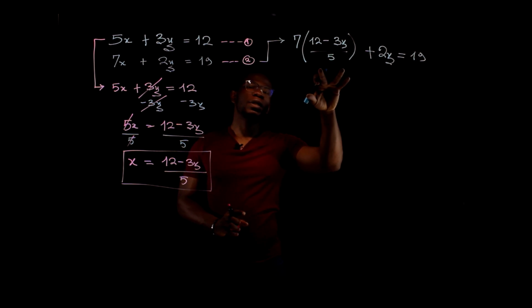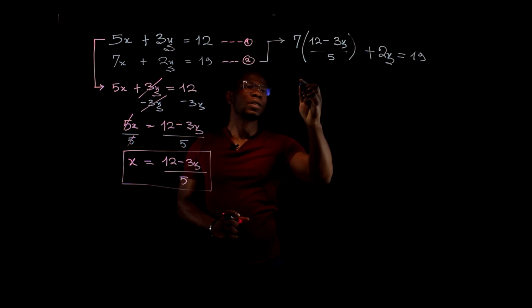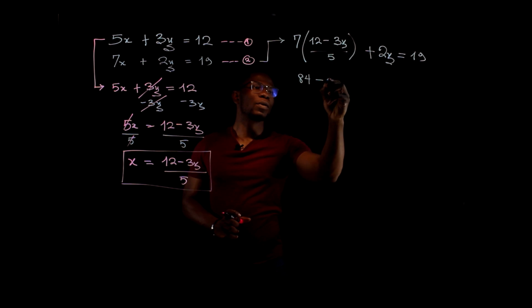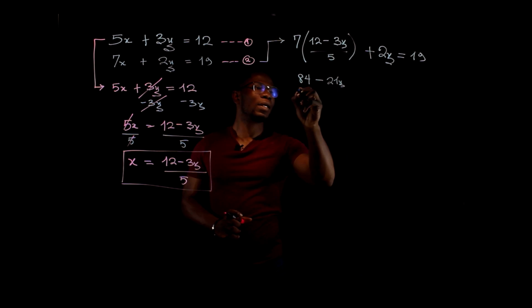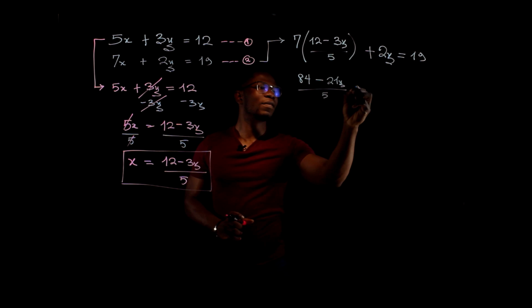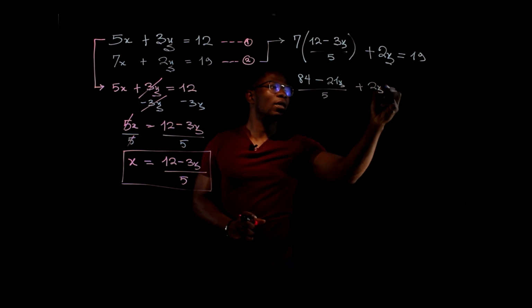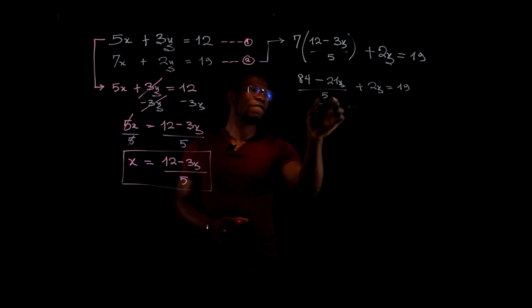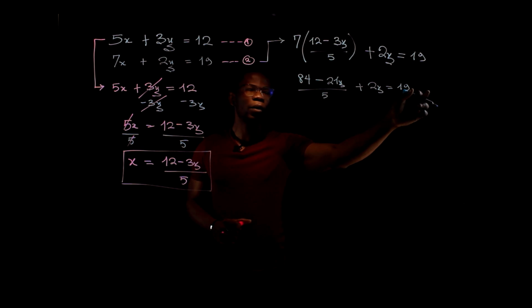So now let's expand this bracket. 7 times 12 is equal to 84. 7 times minus 3y equals minus 21y, divided by 5, plus 2y equals 19. To get rid of this denominator here, first let's move 2y to this side of our equation.